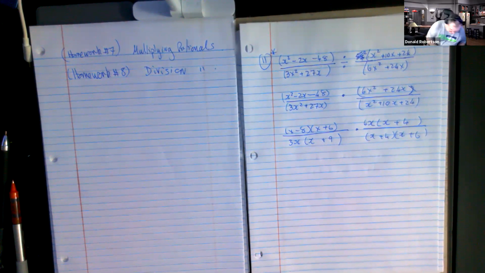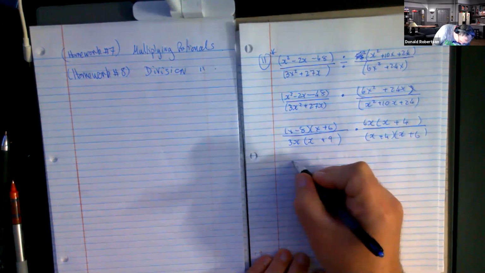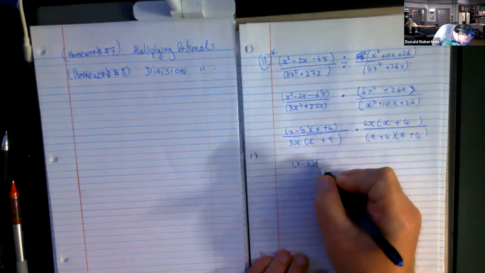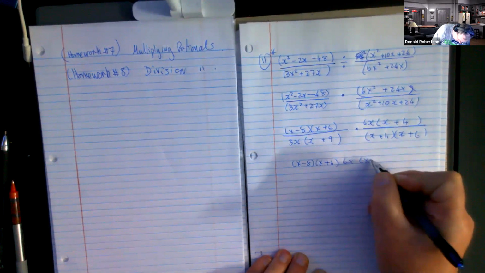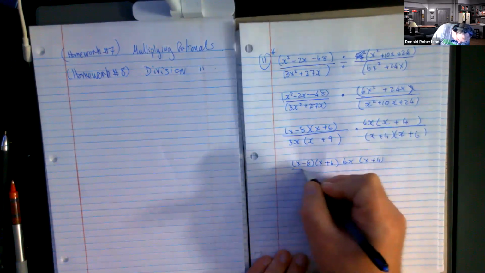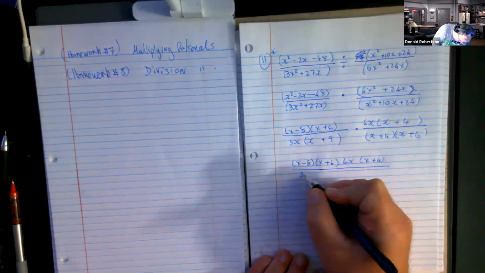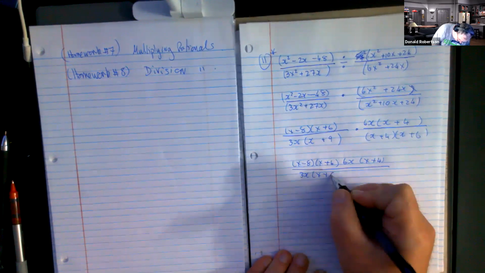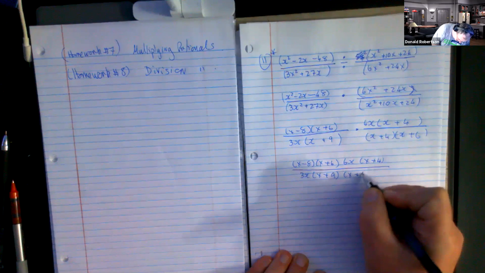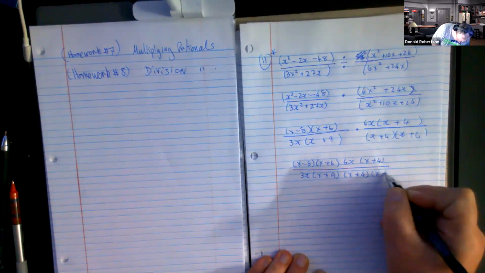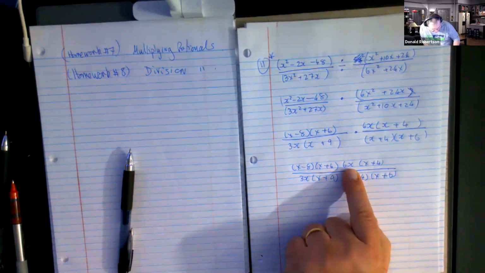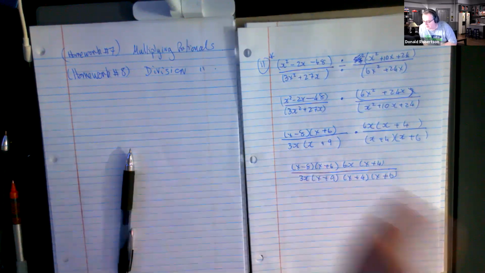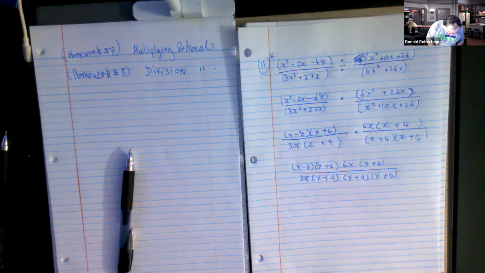Okay. Now, I like to put things together. Actually, if I was thinking about it, I shouldn't have stuck that 6x at the front because it looks prettier, but that's not a big deal, so I'm not worried about it.